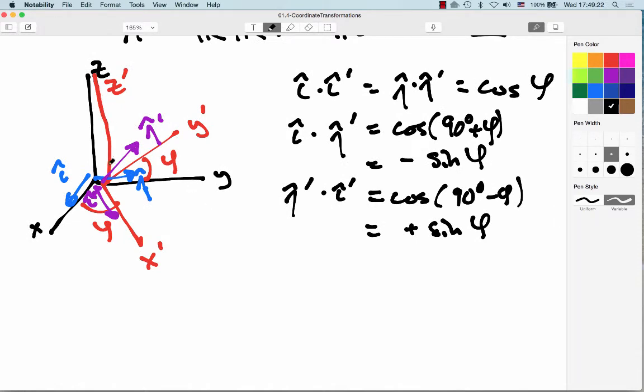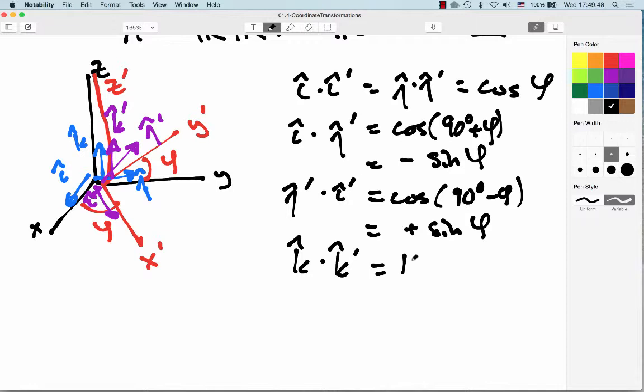Another one that we can get right away is we observe that k hat and k hat prime point in the same direction. So that means that k hat dot k hat prime is just equal to 1 because they're parallel to each other and they're both unit vectors.